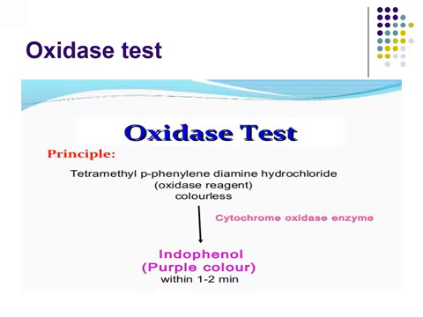This slide shows the principle of the oxidase test, in which bacteria produce indophenol, which is a purplish color, within 1 to 2 minutes in the presence of the oxidase reagent.